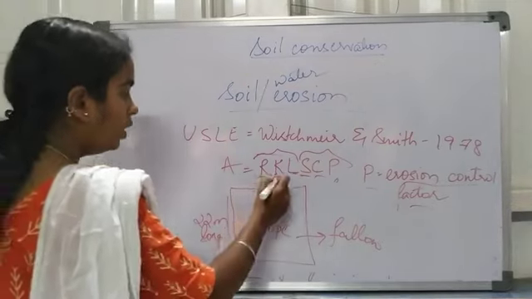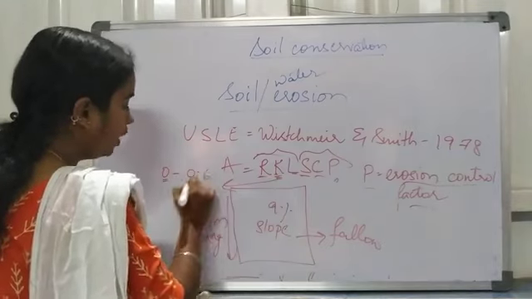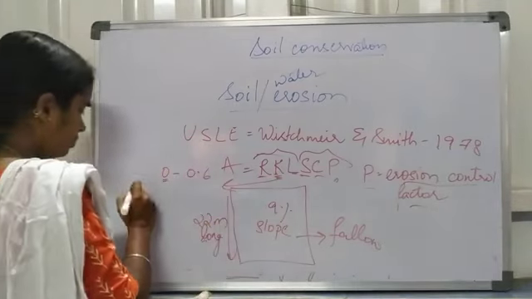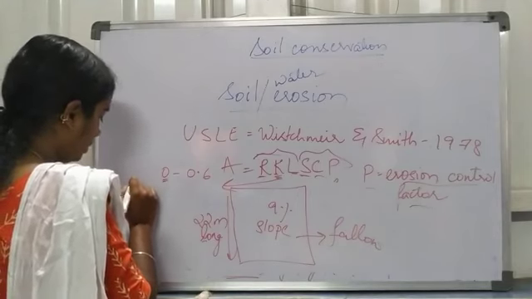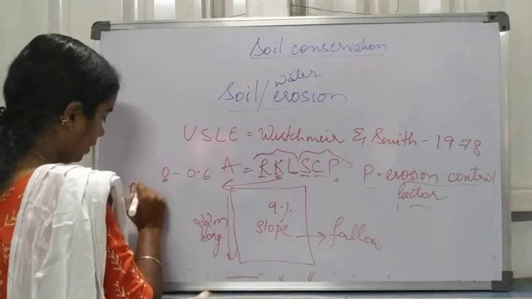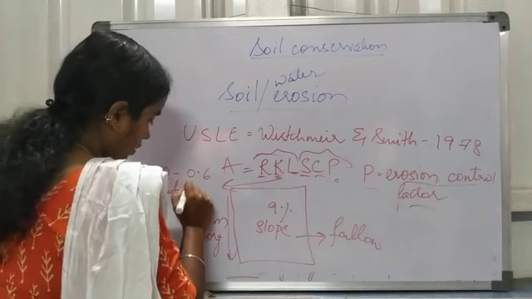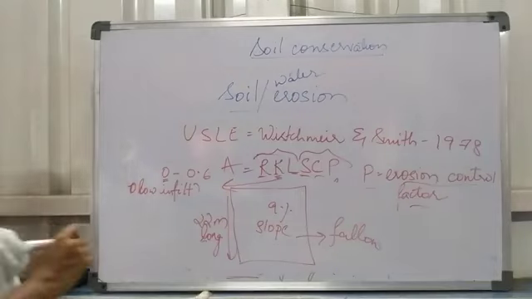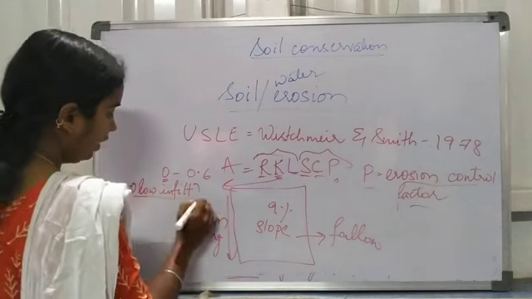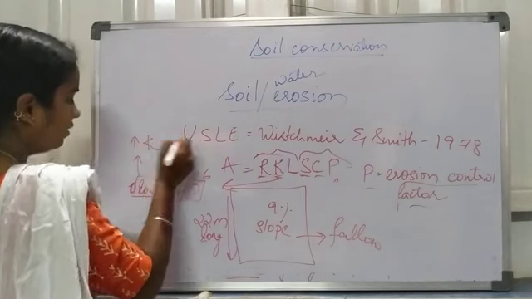And this erodibility factor varies from 0 to 0.6, right? So if there is low infiltration, it shows high erodibility, high K factor.